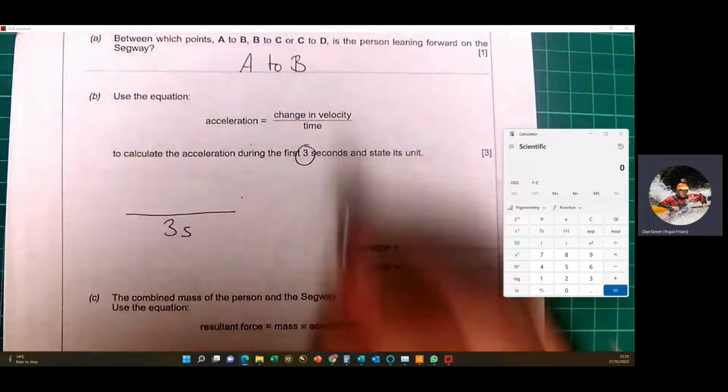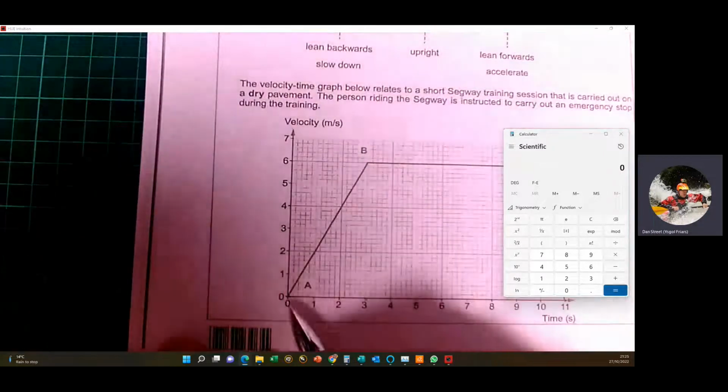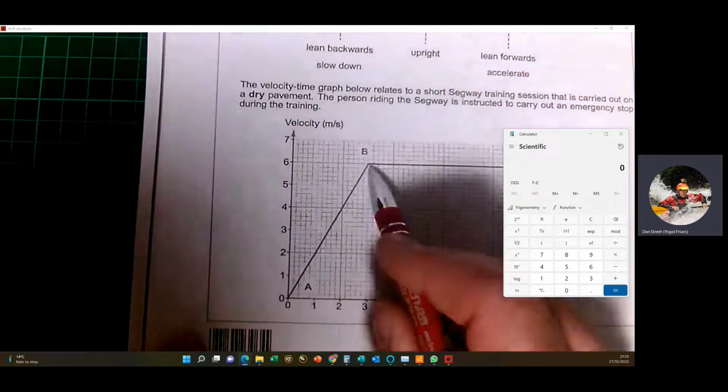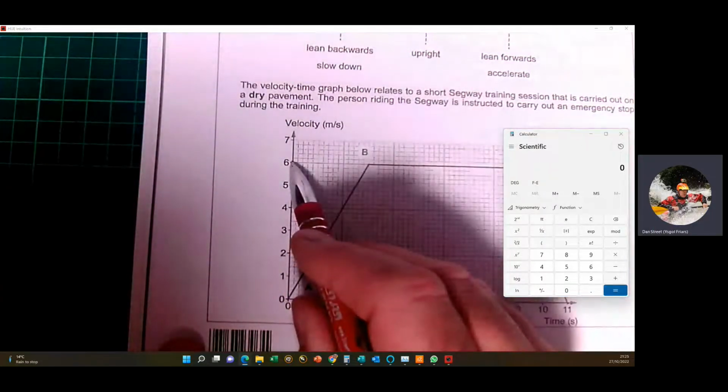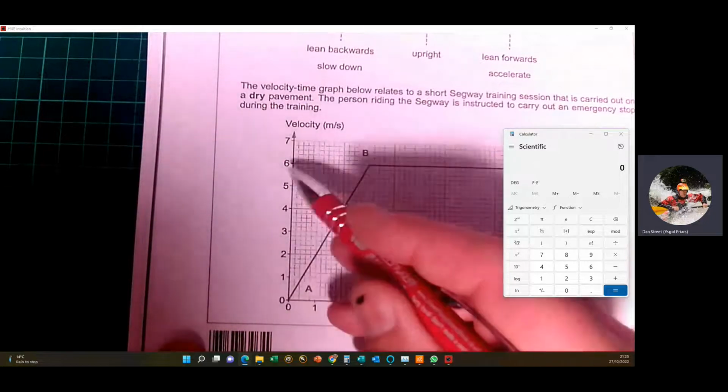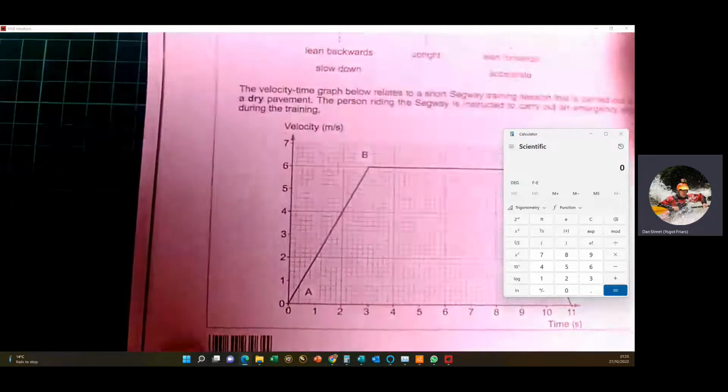in velocity. To find the change in velocity, we need to look at the graph, and we notice that the velocity is 0 to start, and then after those 3 seconds, the velocity is 6 meters per second. So the change in velocity is 6, take away 0, which of course is 6 meters per second.